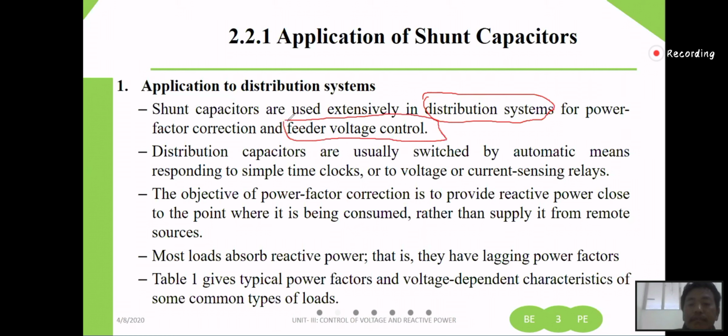Actually, our main purpose is to control the voltage. How do we control the feeder voltage? Let's say 11 kV. Our desired value is 11 kV. How will we maintain 11 kV? In the distribution system, we can use this shunt capacitor and get 11 kV.